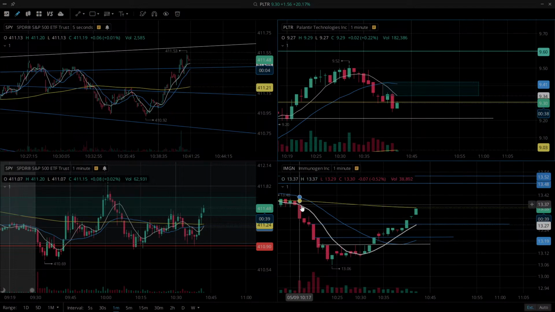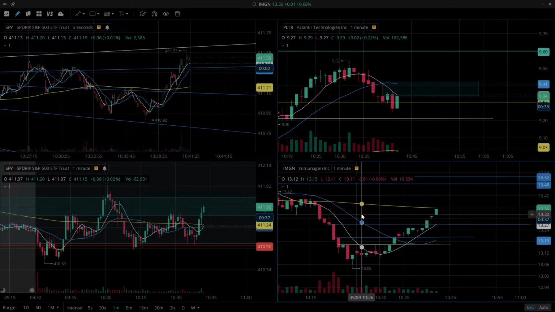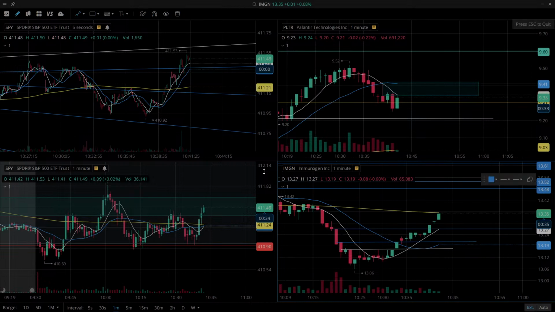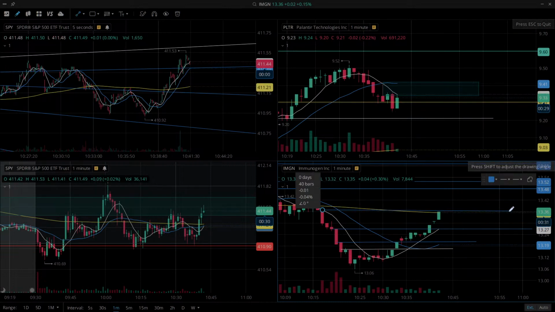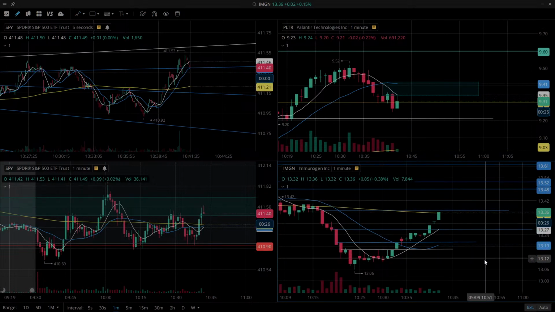Son of a gun, we've reached next target on this thing, IMGN. Those big bars, man, they tell you everything you need to know about price targets.